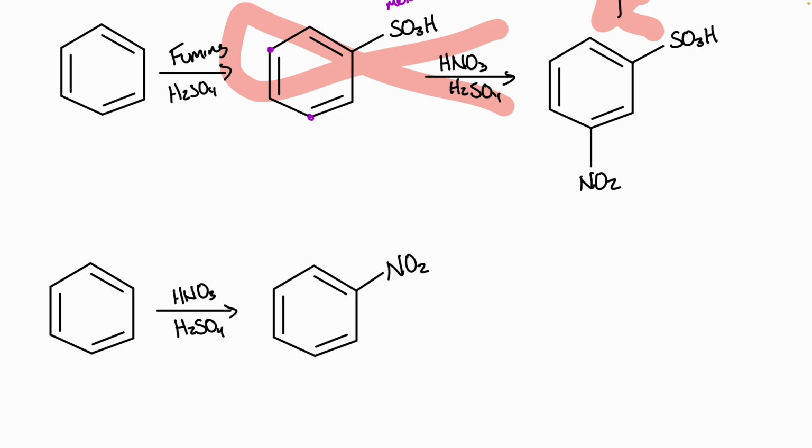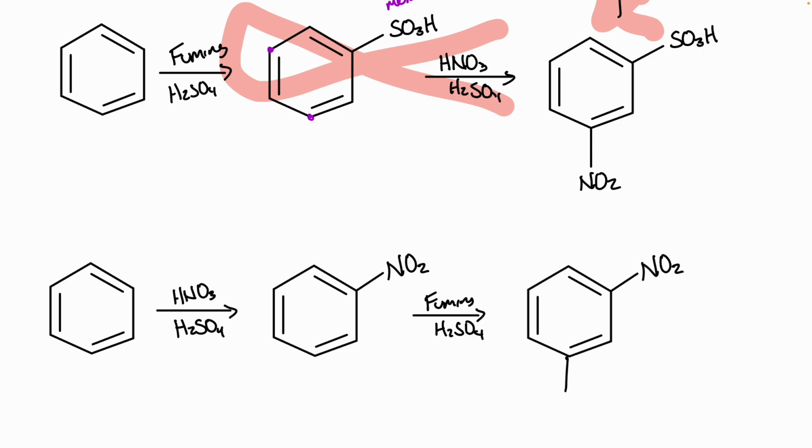All right, so if I do my nitration first and then do my fuming H2SO4, where's that sulfonic acid group going to go? Again, to the meta position. So again, I don't want to do that. That's going to put it in the wrong place on the ring.